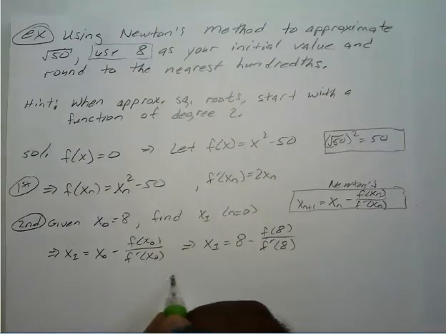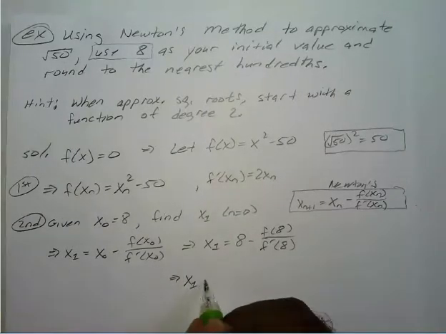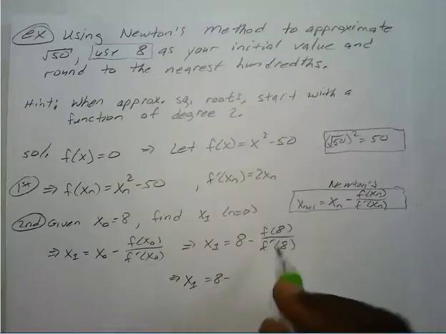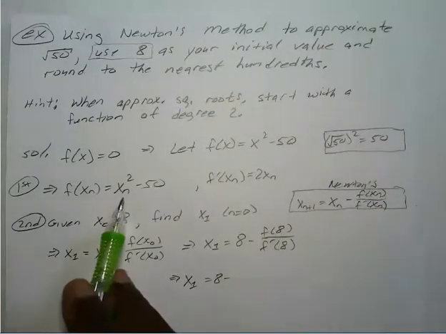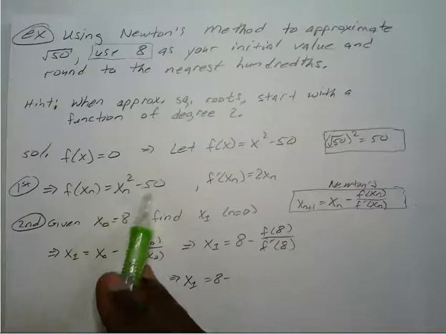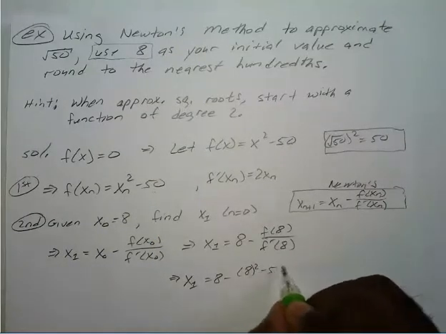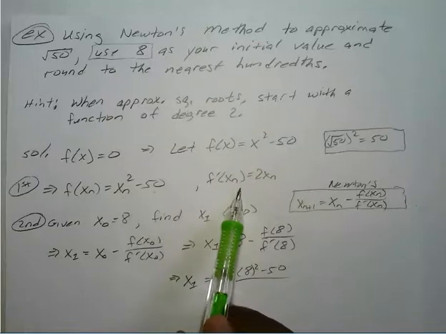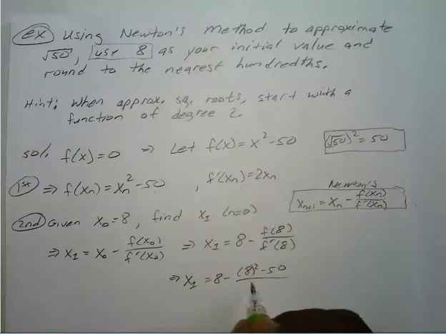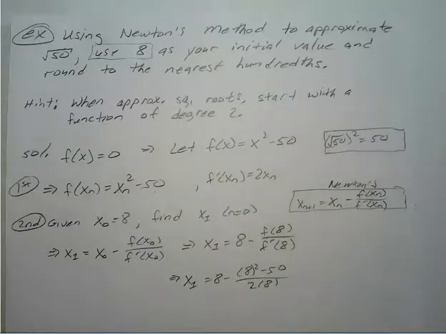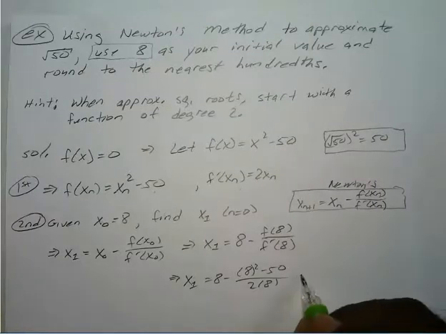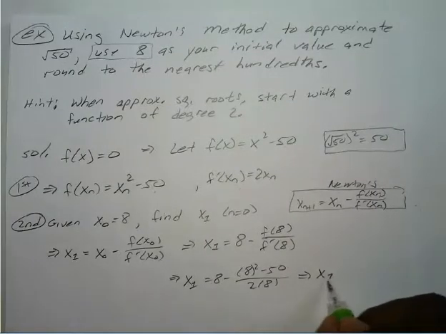Okay, so our x of 1 will equal 8 minus f of 8. Remember, your f of 8 is just going to be 8 squared minus 50, all over f prime of 8, which is just 2 times 8. Okay, so that means your x of 1 is approximately 7.13.